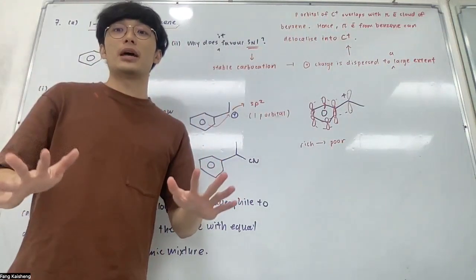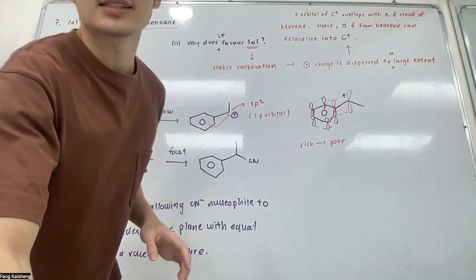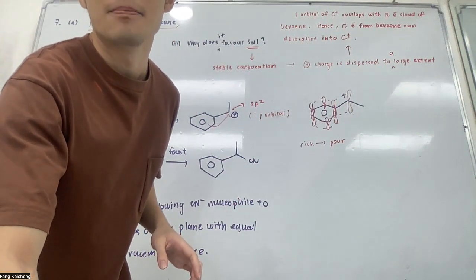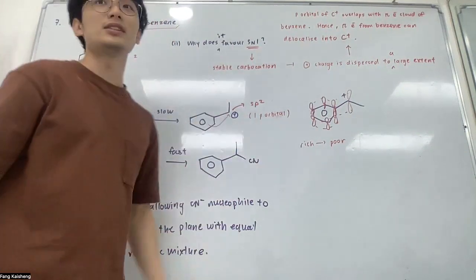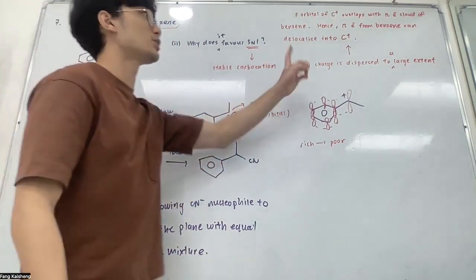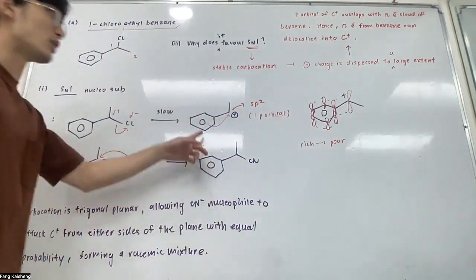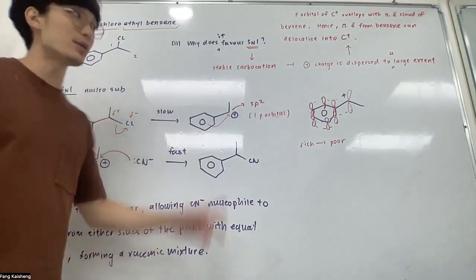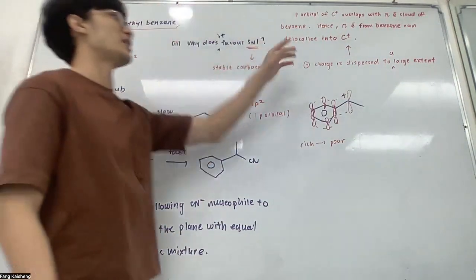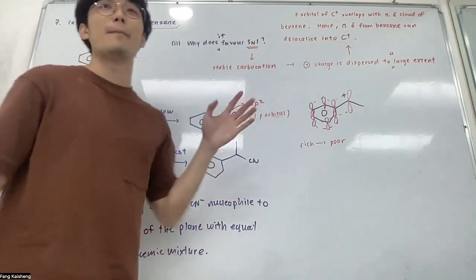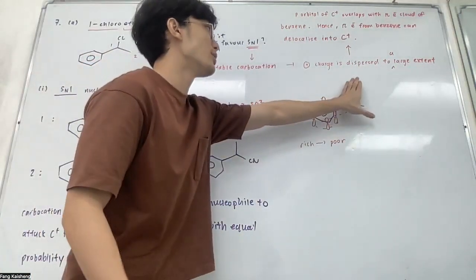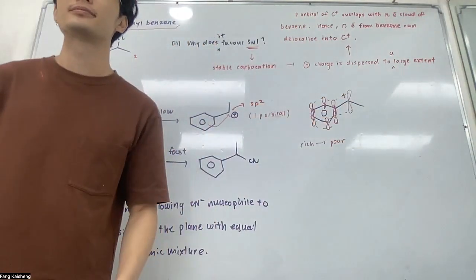So let's go through this one more time. It favors SN1. That's what the question is asking. Meaning, it is a very stable carbocation, meaning that the plus charge is very dispersed. How does it become less poor? It's because you have the benzene helping. How come the benzene can help? Because the p orbitals overlap. If there's no p orbital here, the benzene can't help anything.